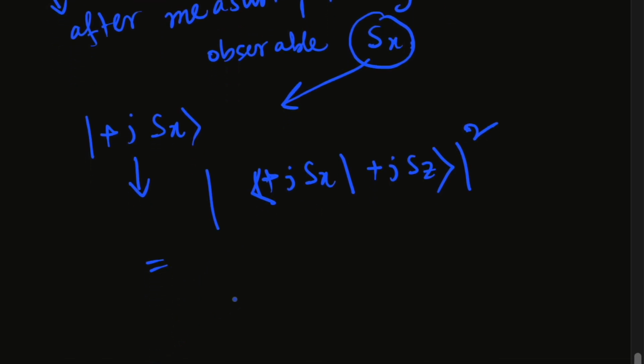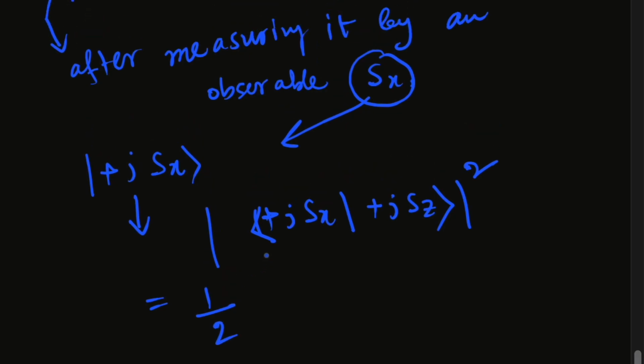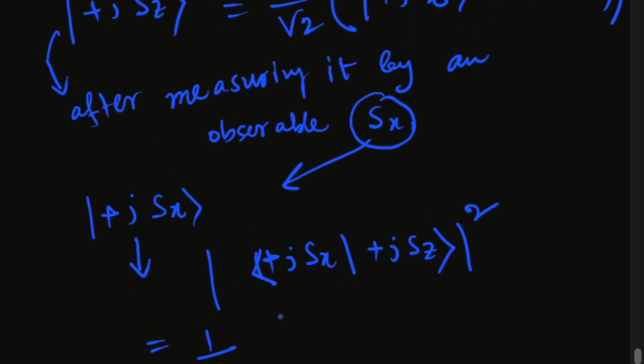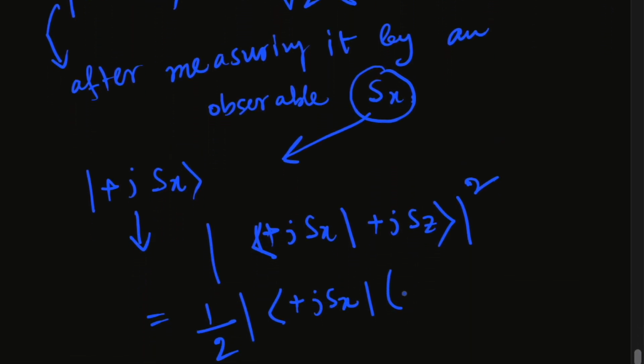It will be 1 by 2 into the inner product of plus Sx with plus Sx, plus the inner product of plus Sx with minus Sx.